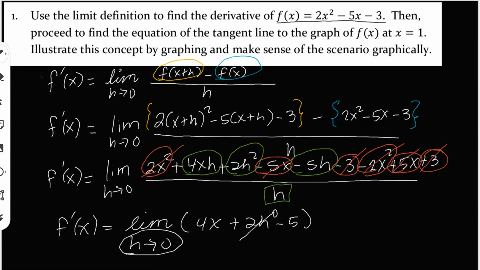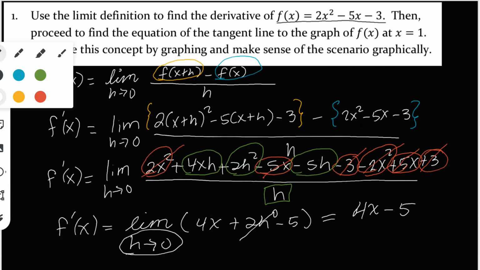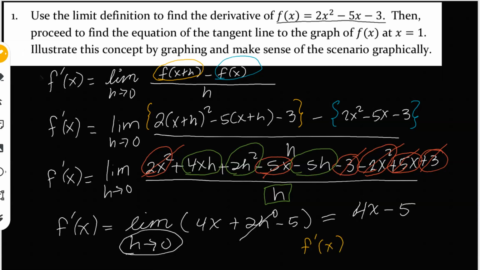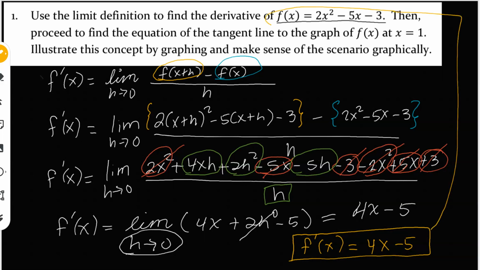So adding a really small number to 4x minus 5, that is going to be approaching 4x minus 5. And we say then that the derivative of f of x is 4x minus 5 for any value x when your function is this right here.